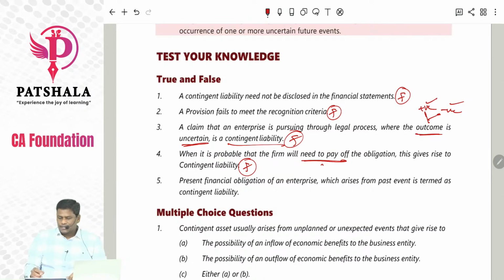So that is a liability, not a contingent liability. False. Present financial obligation of an enterprise which arises from a past event is termed a contingent liability. False. This is also a liability. All are false. Okay. Next.